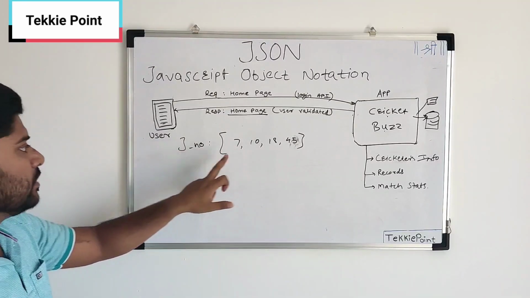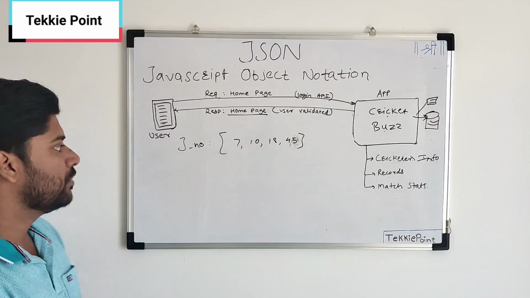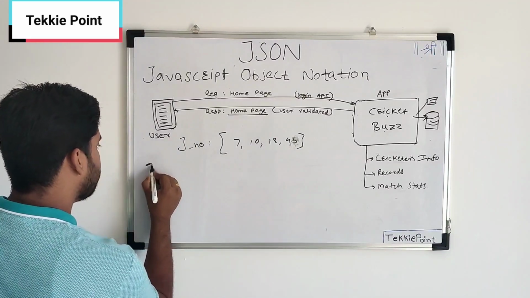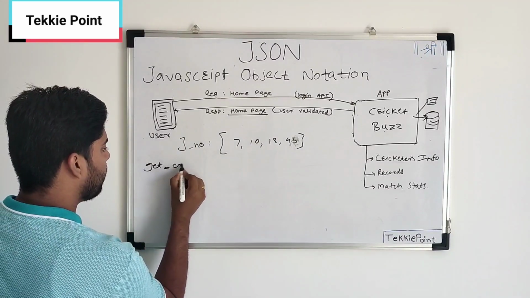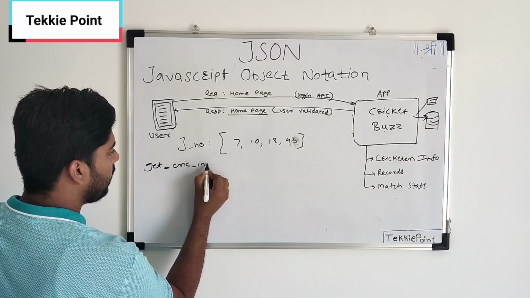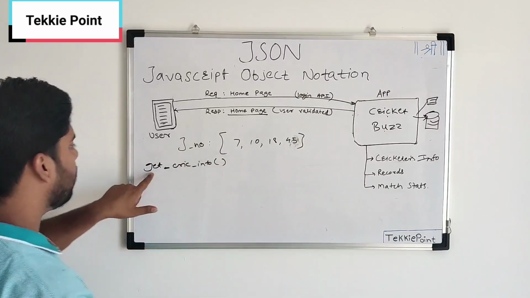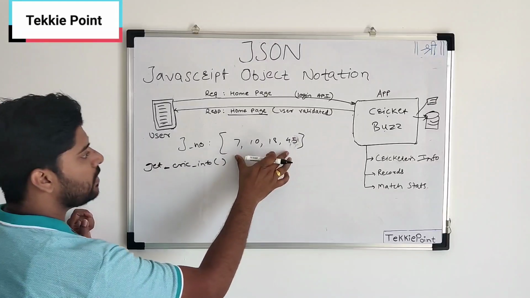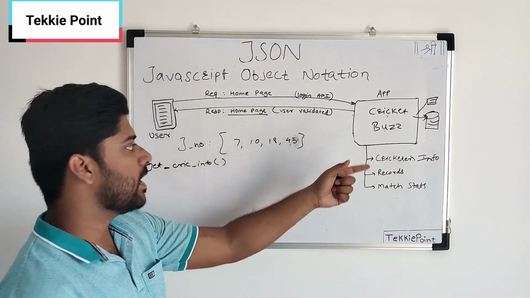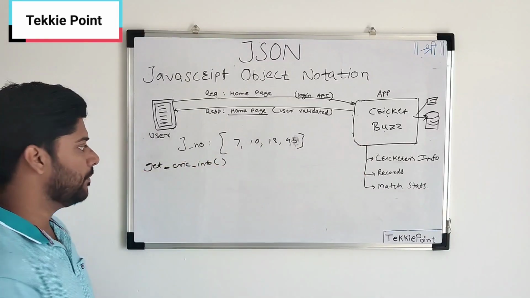So by passing the jersey number as an input to a certain API, maybe we can call it the get crick info API, the server will process it and get the response back to us, right?